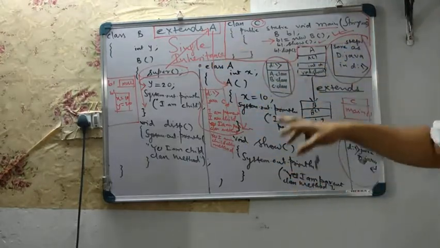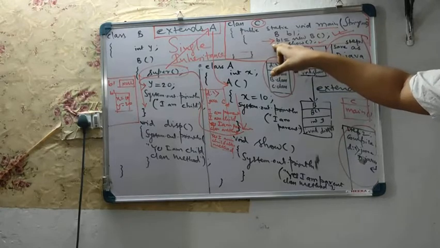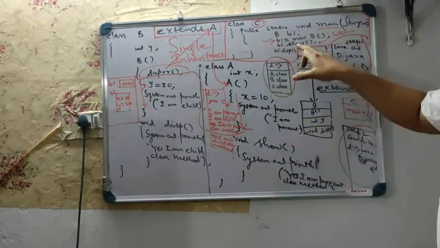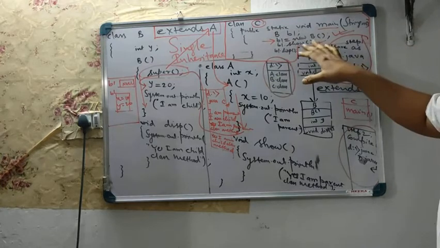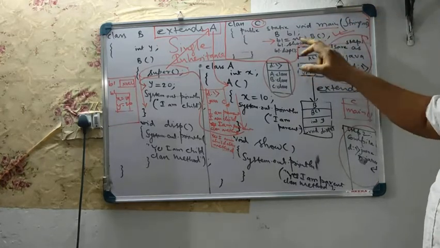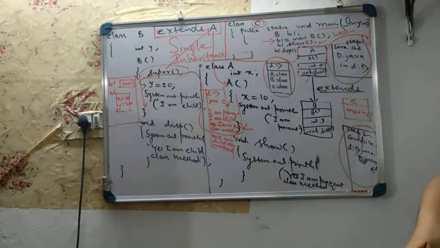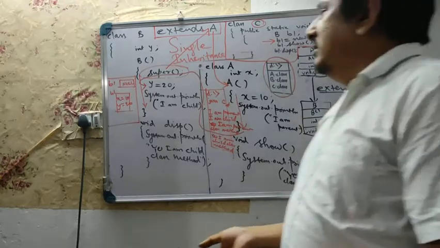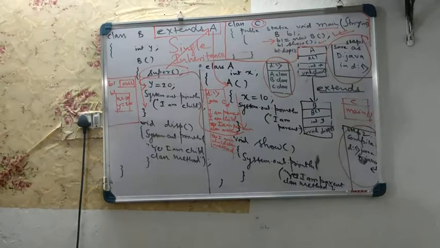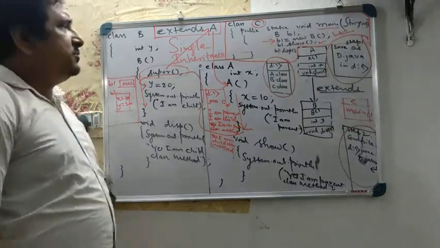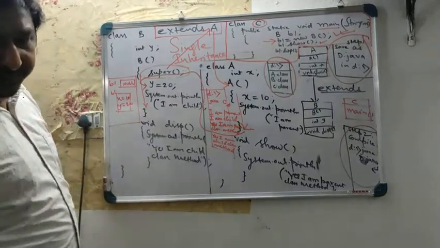In that case, this would be an object of some other class, and this is a method of some other class, so it is not possible. But here, as we have an inheritance relationship, a parent and child relationship, that's why we are able to run our program. So this is a very simple concept of single inheritance.